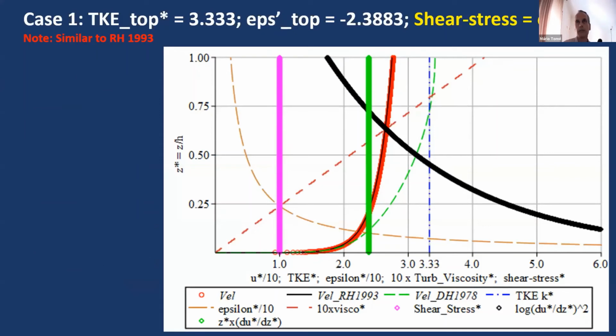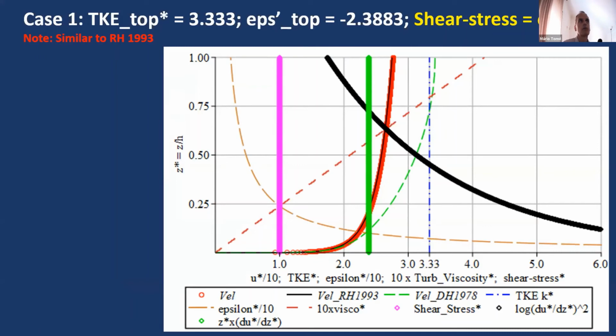So those 5 cases that I have here to present, this is the first one. In this case, the derivative of the turbulent kinetic energy at the top of the ABL is not the derivative, sorry, this is the turbulent kinetic energy.